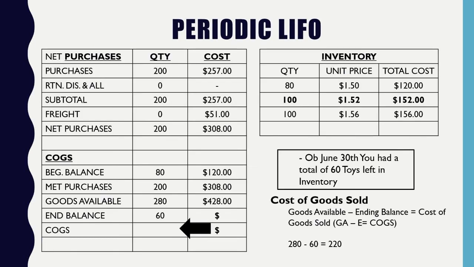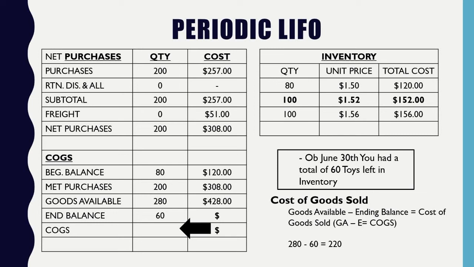Then we're going to plug those numbers back into this worksheet here. Once we solve for our net purchases, we also need to realize that we have a beginning inventory. We're going to plug that number in to show that we have a beginning inventory of 80 units at a total of $120.